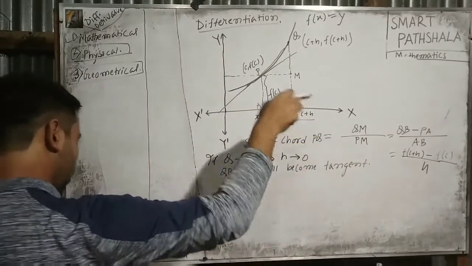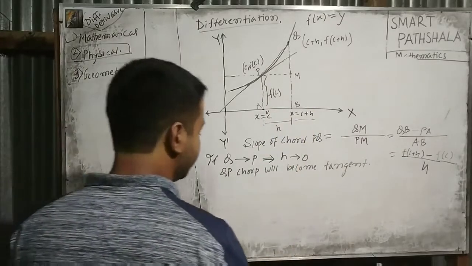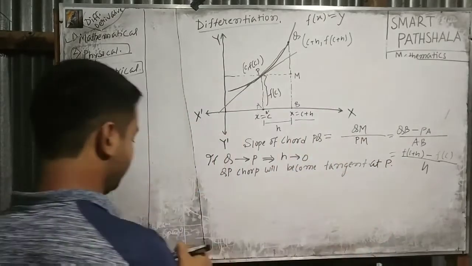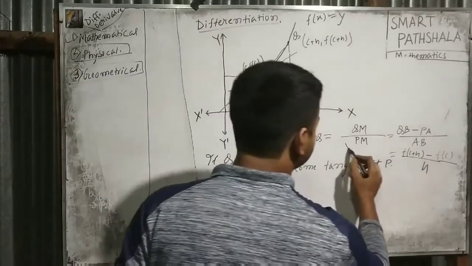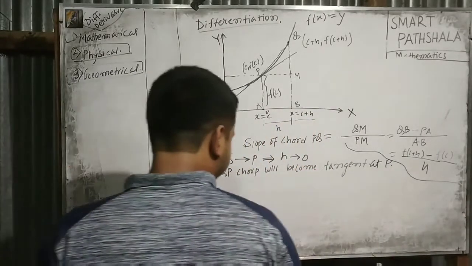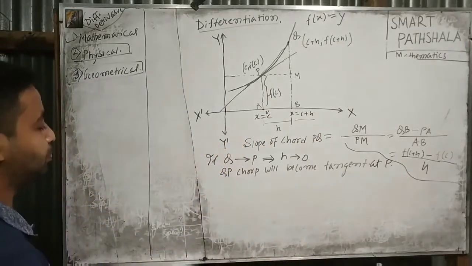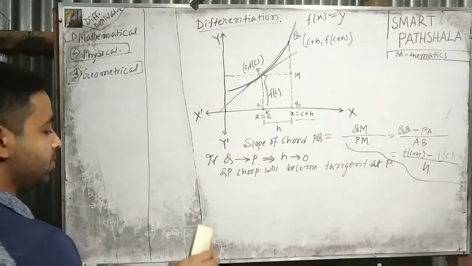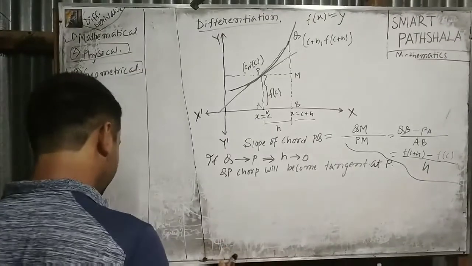Okay, this QP chord will become a tangent at where? Tangent at P. Okay, this is different. Tangent at P. Now, this time it's okay. Now, we need to find out.